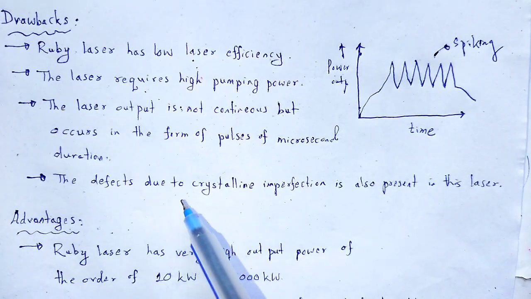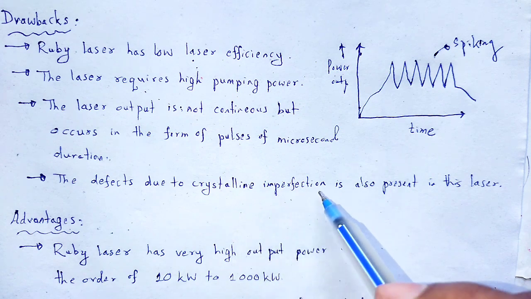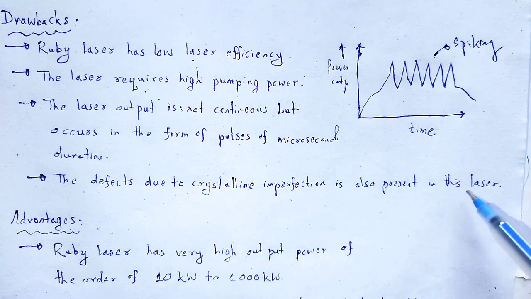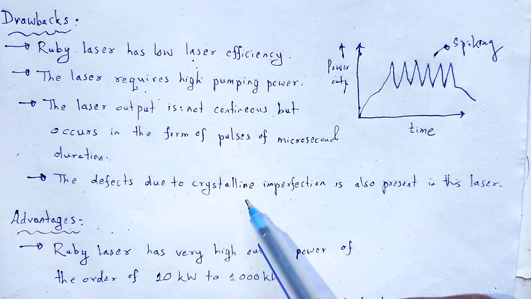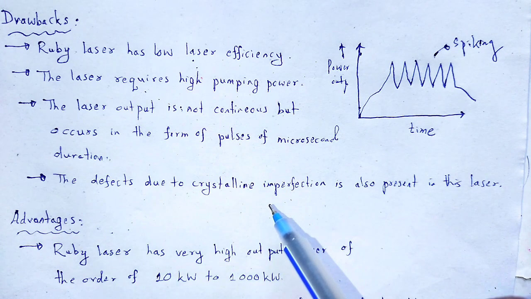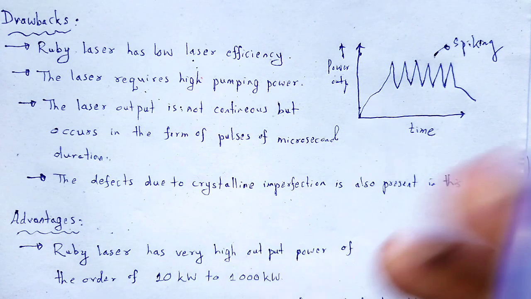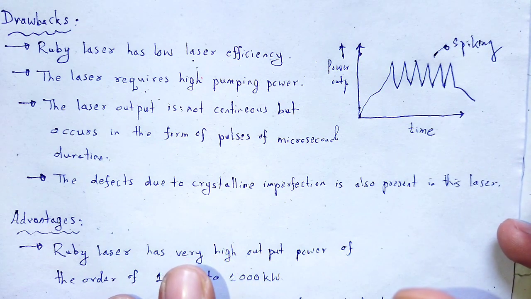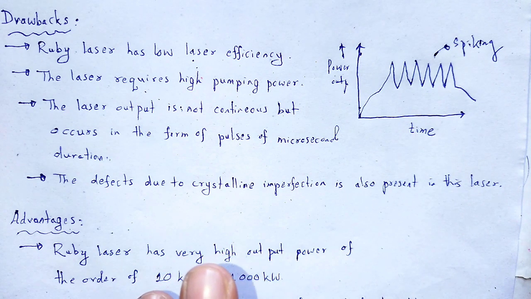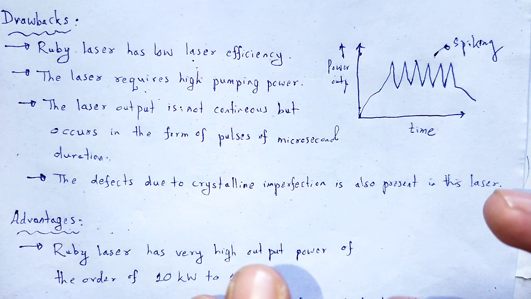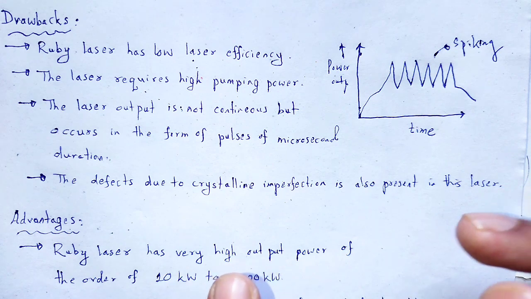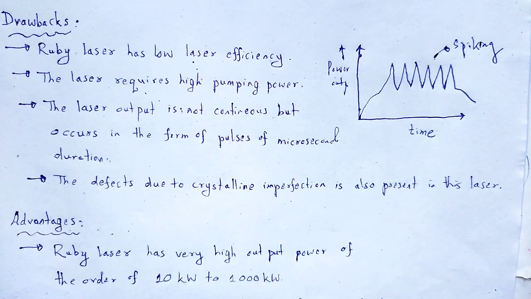The defects due to crystalline imperfection are also present in this laser. It is doped by chromium ion, around 0.05 percentage. Due to the imperfection in that doping, there will be a defect.